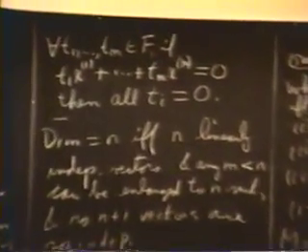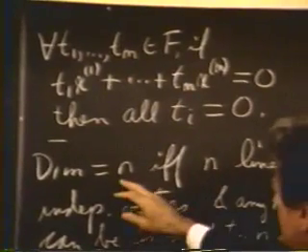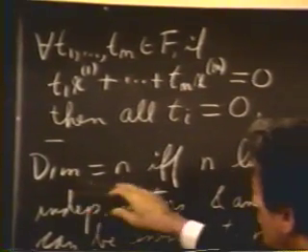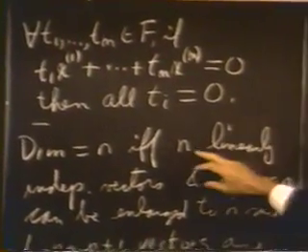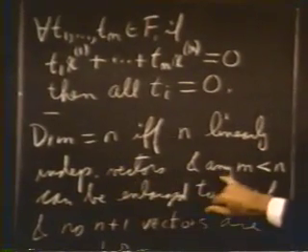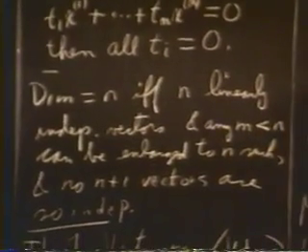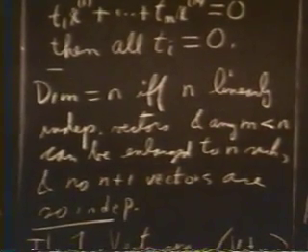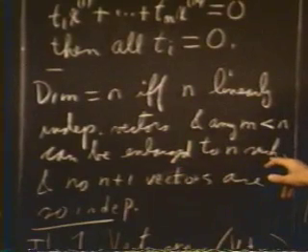Now, we use the notion of linear independence to define dimension. The dimension of a vector space is n if and only if the vector space has n linearly independent vectors, and furthermore, if we take any m less than n linearly independent vectors, they can be enlarged to n such linearly independent vectors.